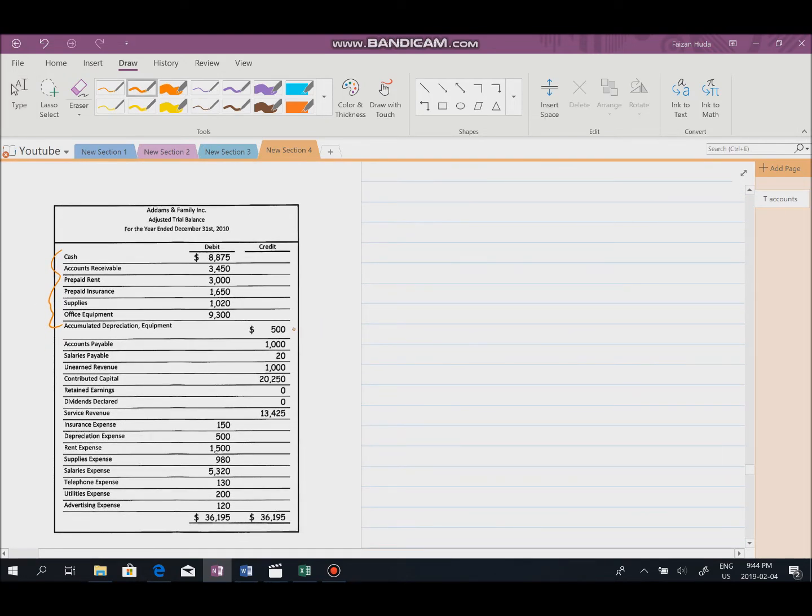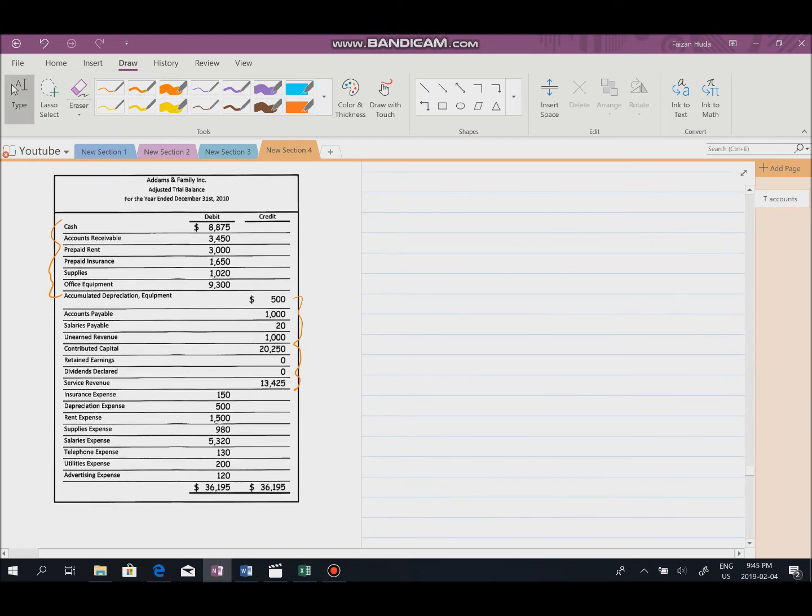After your debits, you list all of your payables and revenues and dividends declared, which in this case we had zero since there weren't any dividends paid out. And then after your liability accounts, you put your expense accounts. This is usually the format that most people follow. You don't need to follow this format, but this is how I do it personally.